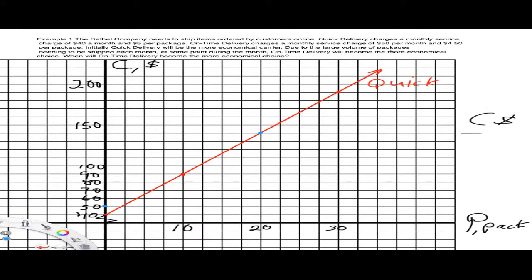I'm going to go ahead and draw this. And so I've got my line, I got it crossing at 140. At 10 it should be about 95. Looks like it is. At 30 it should be 185, and it appears that that's about right. And this was the line for on time.